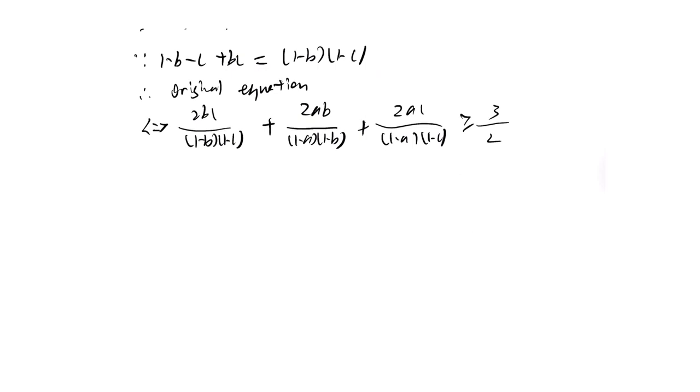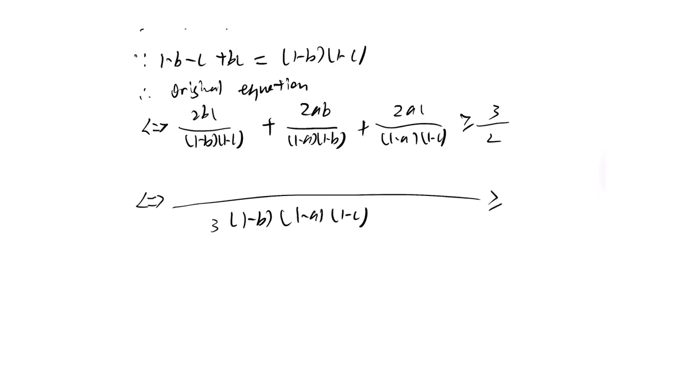And if we expand it, it will become 3 times (1 minus a)(1 minus b)(1 minus c) larger or equal to 1, and this will become 4 times [bc times (1 minus a) plus ab times (1 minus c) plus ac times (1 minus b)].